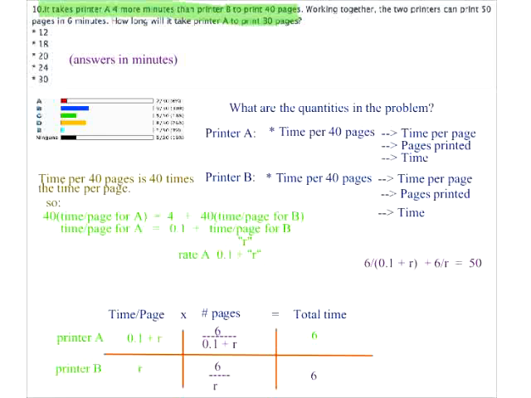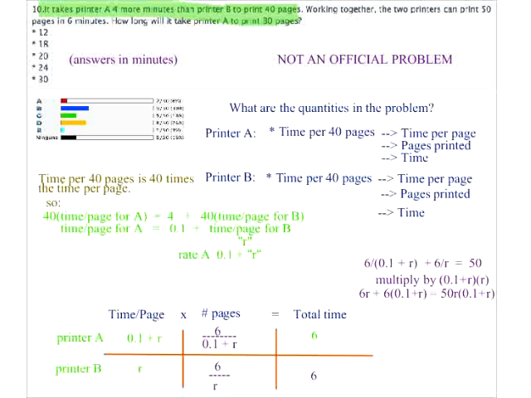What you can do is multiply both sides by the product of those two things. This is not an official problem, by the way, but there's still a very nice way to solve this. We'll look at that in a second. If you do that, you get 6R plus 6 times (0.1 plus R) equals 50R times (0.1 plus R). So it looks like it's going to be this ugly quadratic.